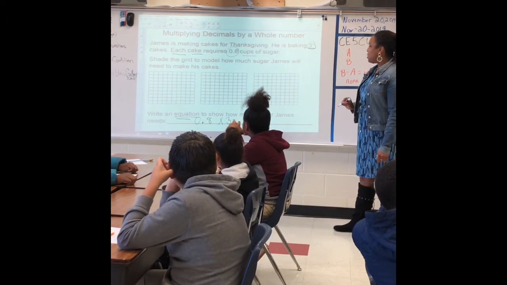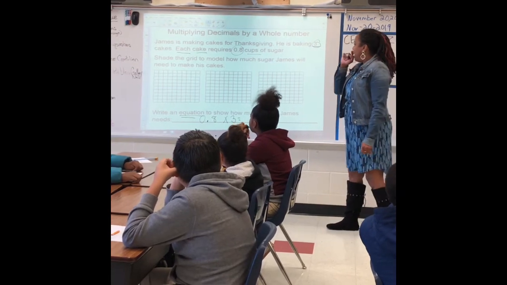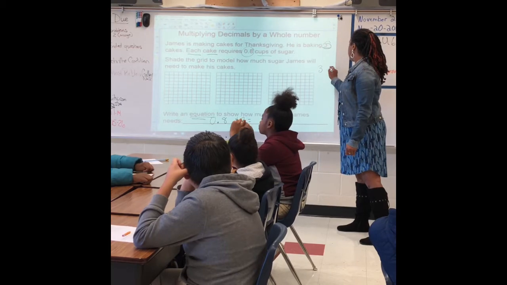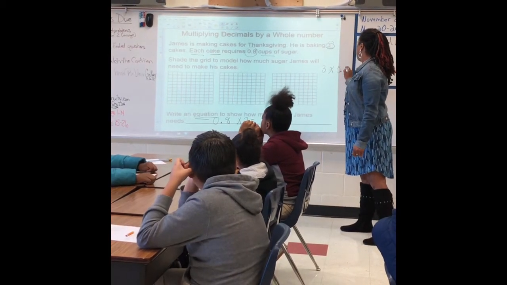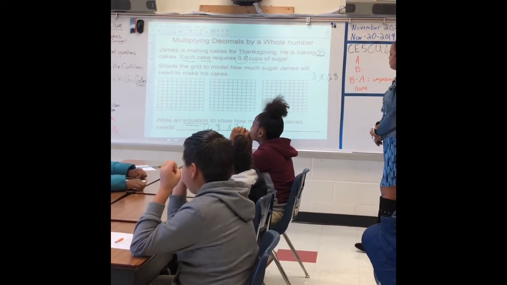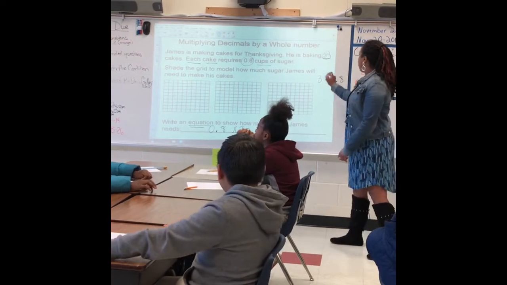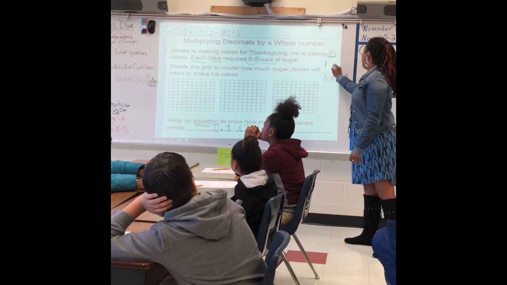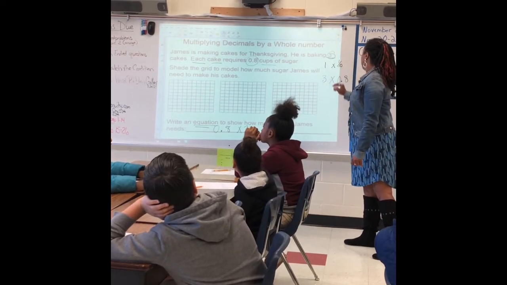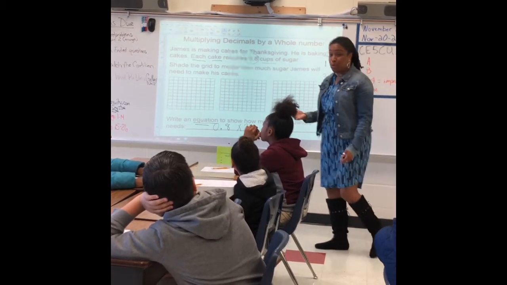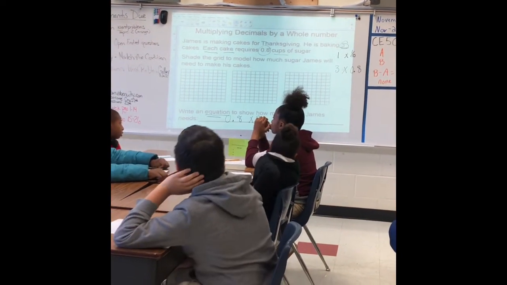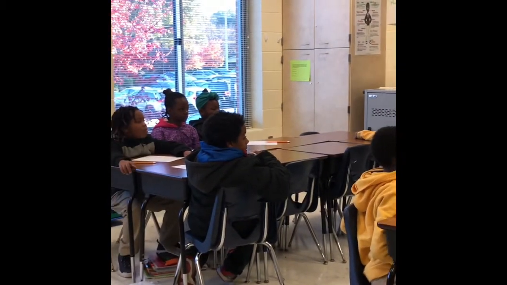Okay? So, it looks like the 3 times 8/10. I'm going to write it over to the side. I am multiplying a whole by a 10th, because I sometimes get confused as to where my decimal goes after I multiply.